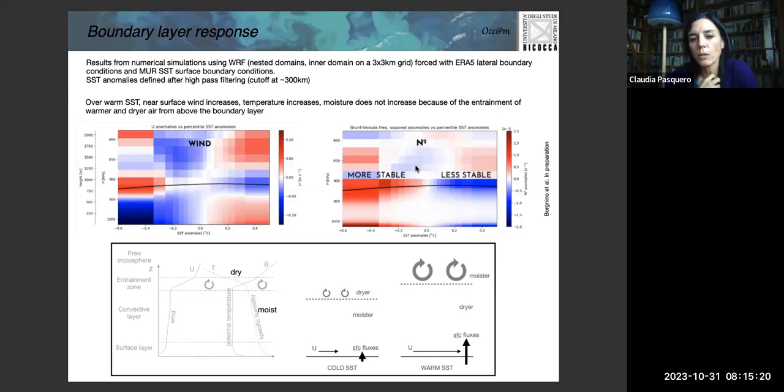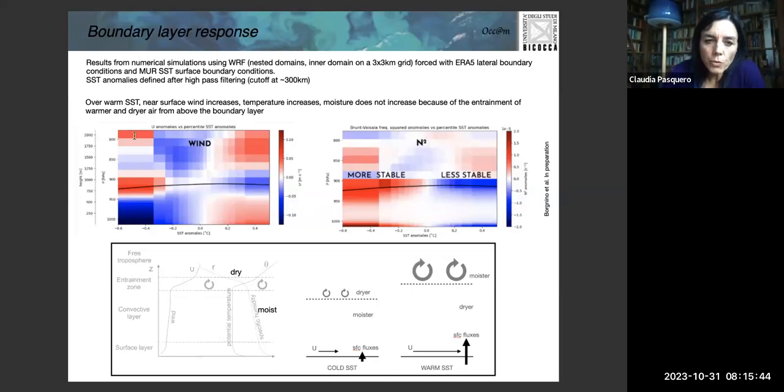The inner domain, the one that I'm going to show you results from, has a grid of 3 by 3 kilometers, forced with ERA5 lateral boundary conditions. Then in the model we can high-pass filter all the fields in order to focus only on the small-scale features.